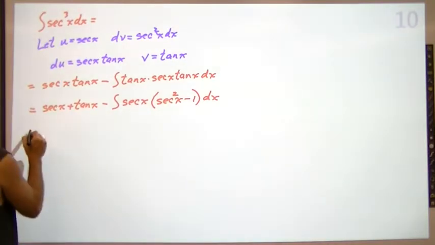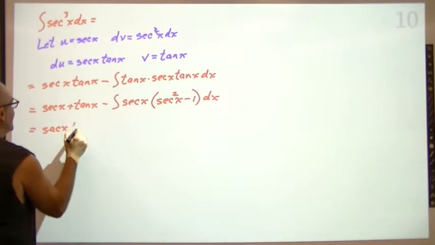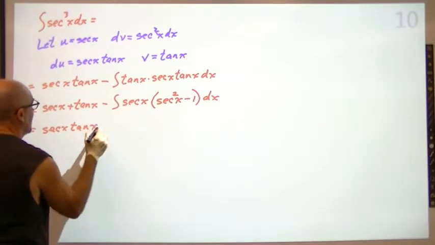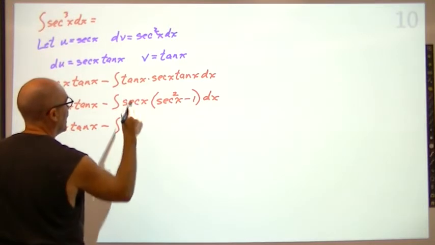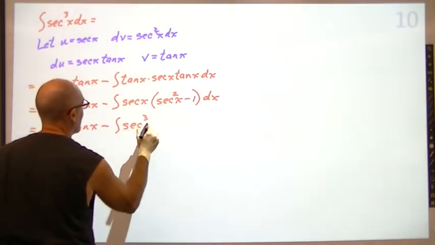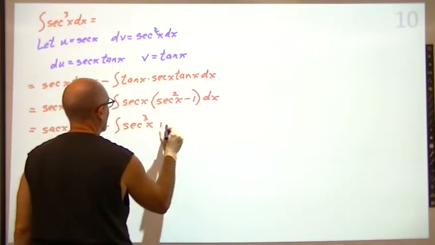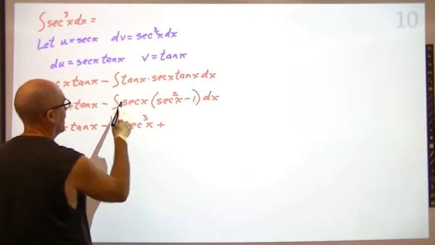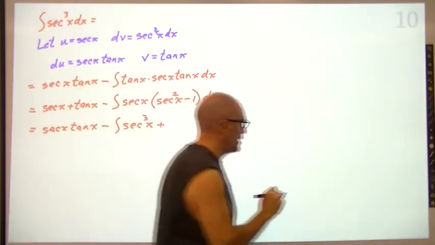Now, this equals secant tangent minus the integral of secant cubed plus secant. You know, let's do it like this.